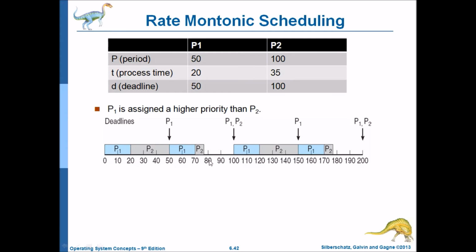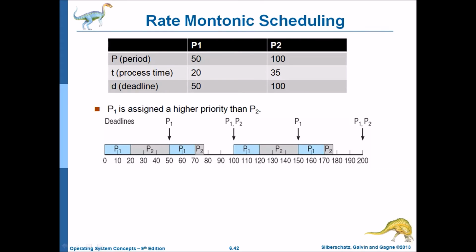Then the system is idle until time 100, when P1 is scheduled again for the next period. So overall, both processes complete at time 75, and the CPU is then idle for 25 time units before the process repeats.